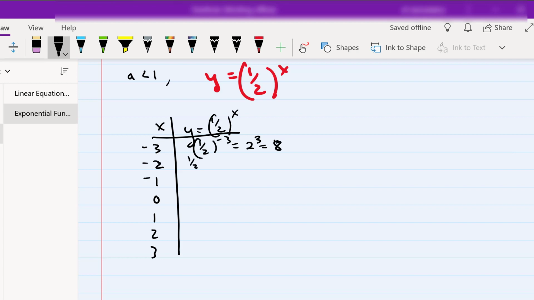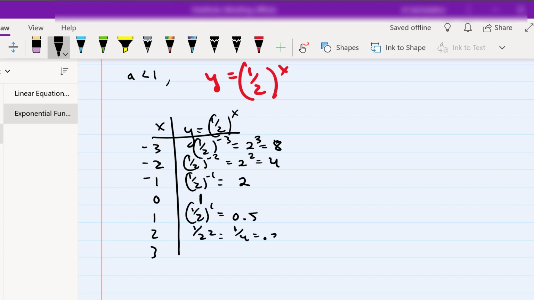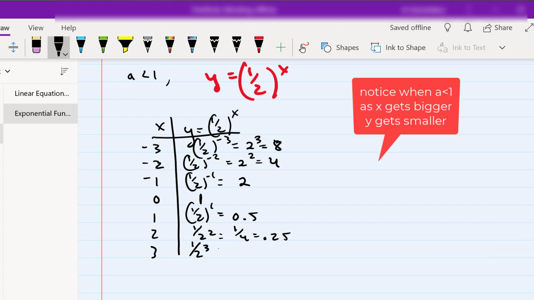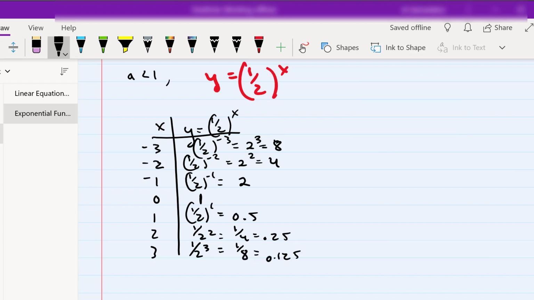When x is minus 2, we have 1/2 to the power of minus 2, which is 2 squared, which is 4. We have 1/2 to the minus 1, which is 2. When x is 0, that's 1. When x is 1, we have 1/2 to the 1, which is 0.5. When x is 2, we have 1 over 2 squared, which is 1/4, which is 0.25. And when x is 3, we have 1 over 2 cubed, which is 1 over 8, which is 0.125.